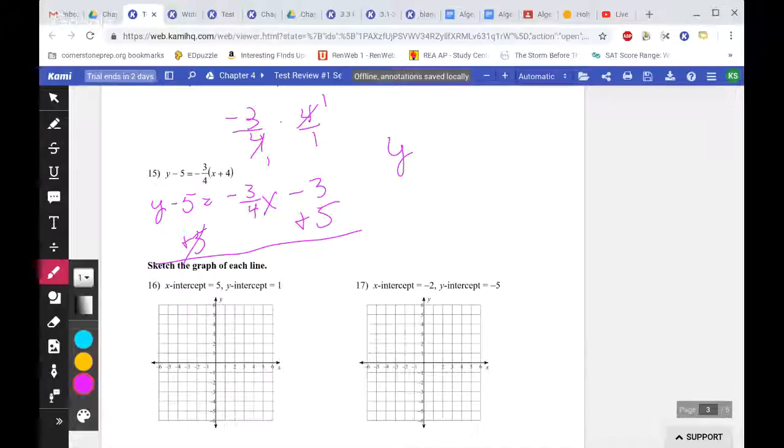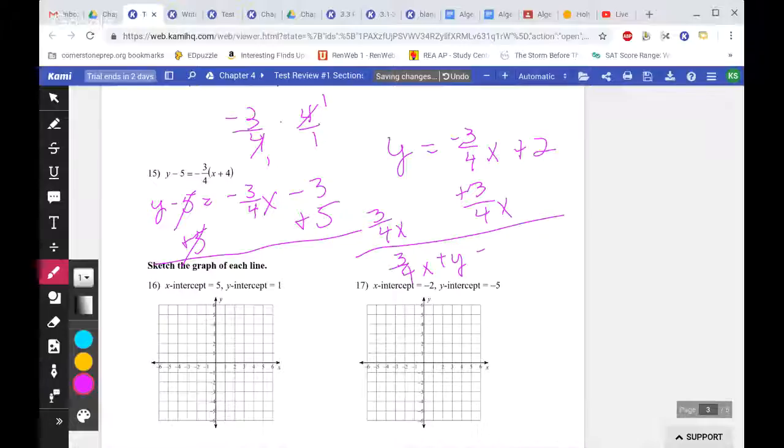And I'm going to bring my answer up over here. And now I need to move my 3/4 x to the other side. 3/4 x plus y equals 2.